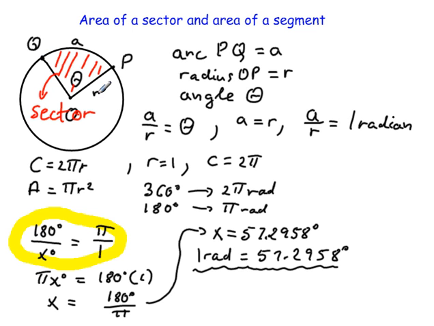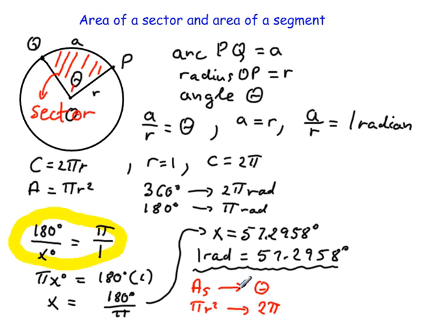So there is a correlation between the angle theta and the area of the sector, I should say. So the area of the sector is related to that angle theta. The area of the circle, pi r squared, is related to the entire angle in radians, 2 pi radians.